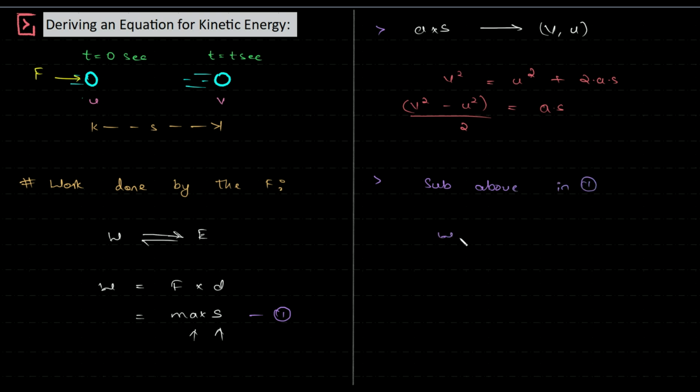So we have W equal to mass into (v square minus u square) divided by 2 in place of acceleration and displacement. If I use the distributive property, m divided by 2 has to be multiplied with v square and also minus u square. And so we have m by 2 v square minus m by 2 u square.